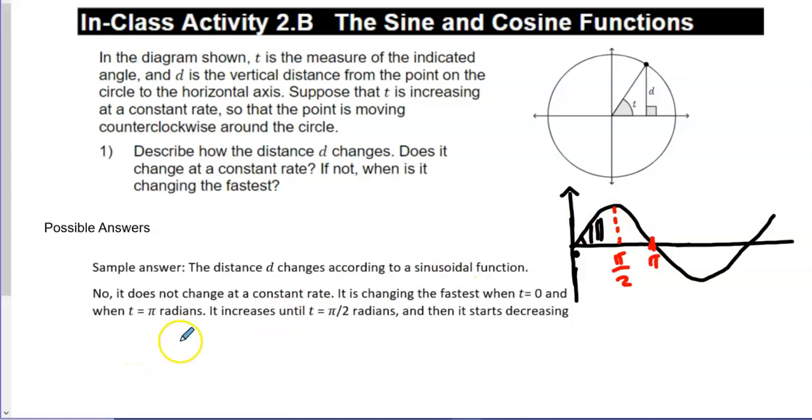And when t is equal to pi radians, it increases until pi on 2, and then starts to decrease, as you can see in the diagram.